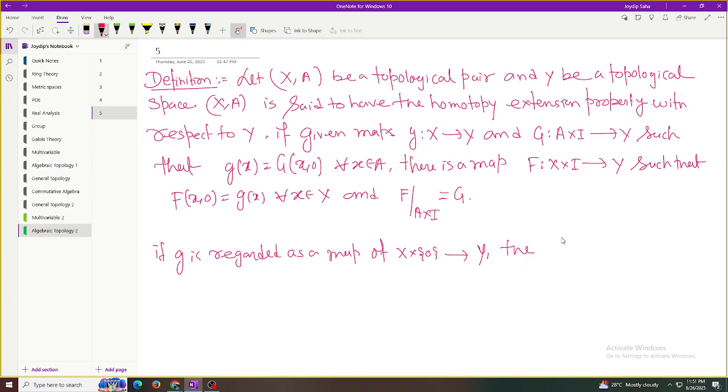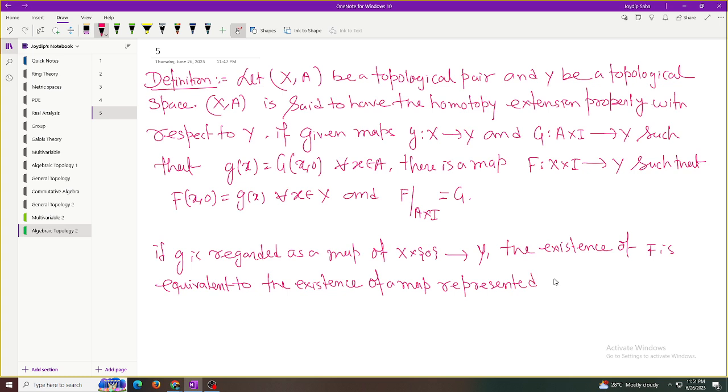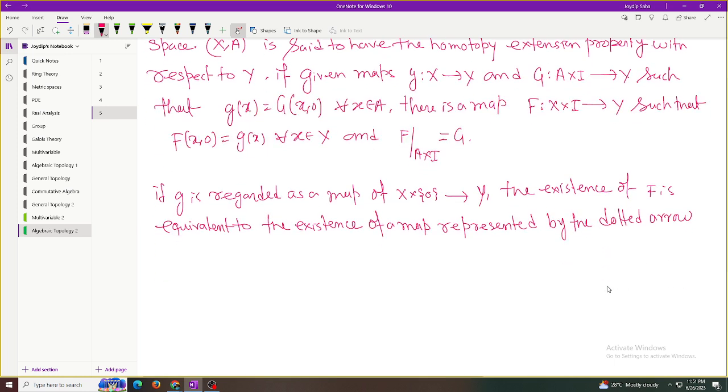The existence of F is equivalent to the existence of a map represented by the dotted arrow which makes the following diagram commutative.